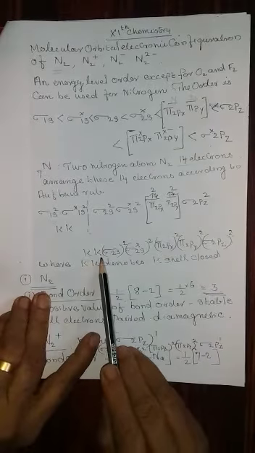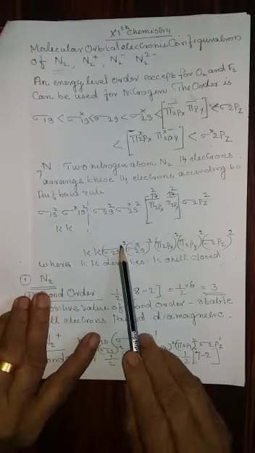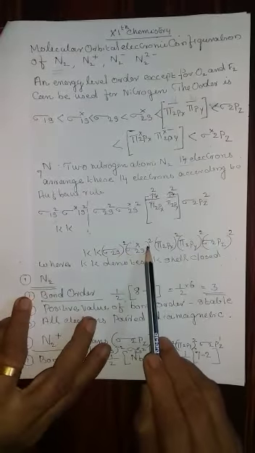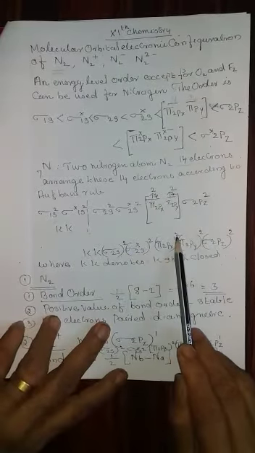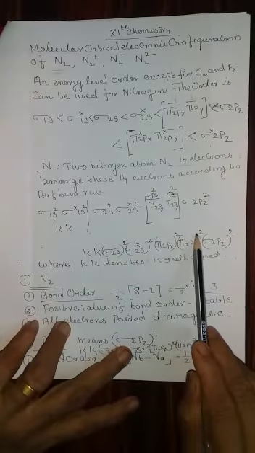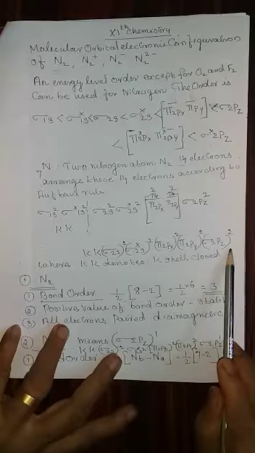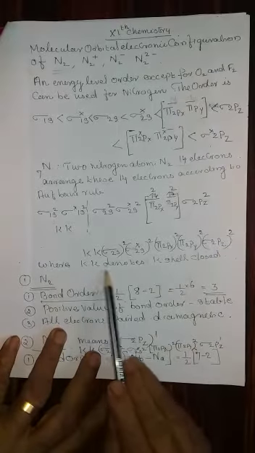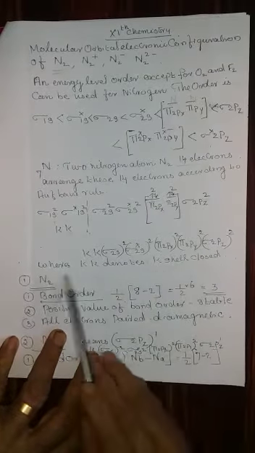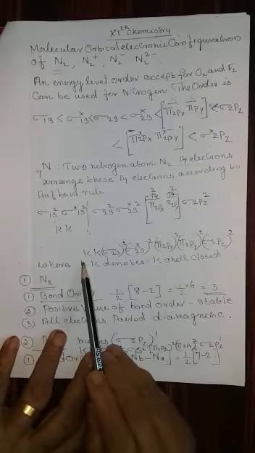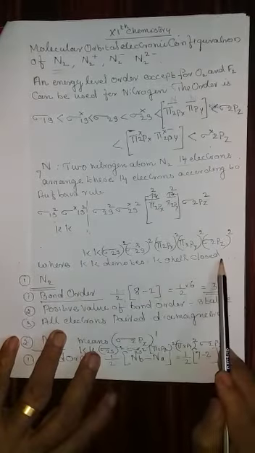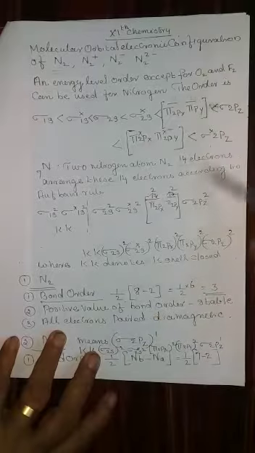Therefore, KK sigma 2s2, sigma star 2s2, pi 2px2, pi 2py2, sigma 2pz2. This is the electronic configuration where KK denotes K shell closed. Write that also. This is the first point.